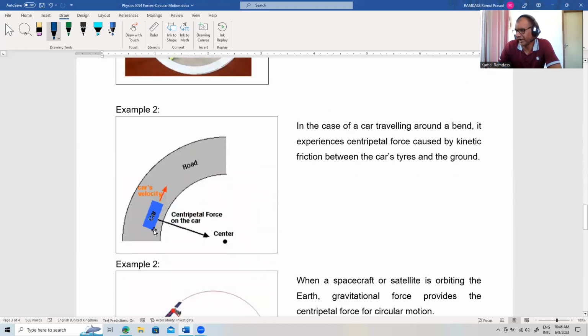Deuxième exemple, nous avons un corps qui peut travel around a bend, qui peut faire un contour. OK? Et bien sûr, the bend must have a center. OK? Parce que it is part of a circular path. Il n'est pas complete, mais it is part of a circular path.